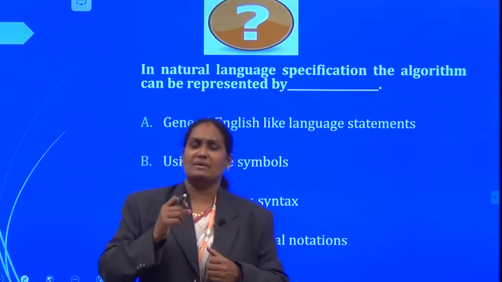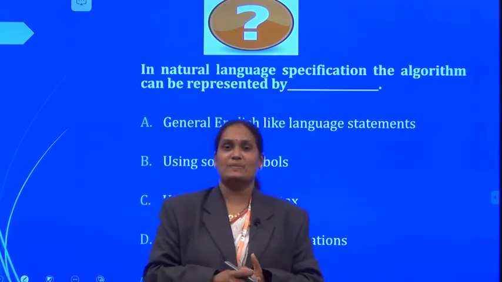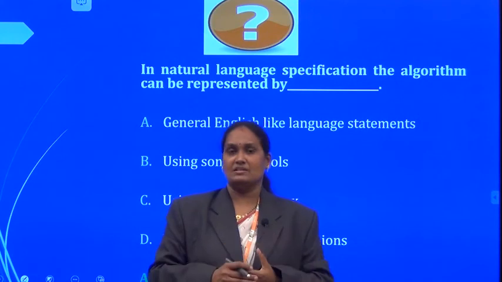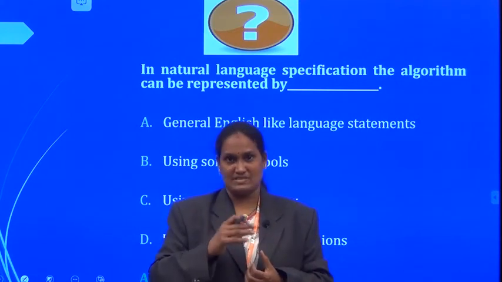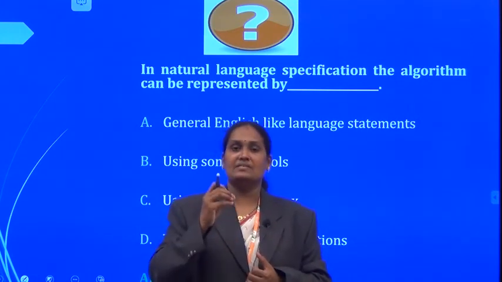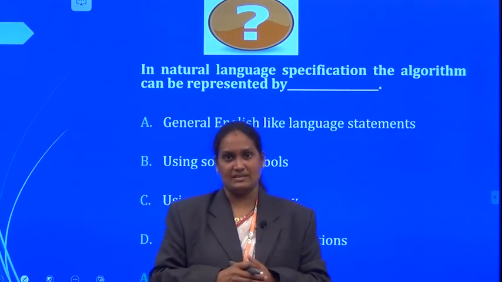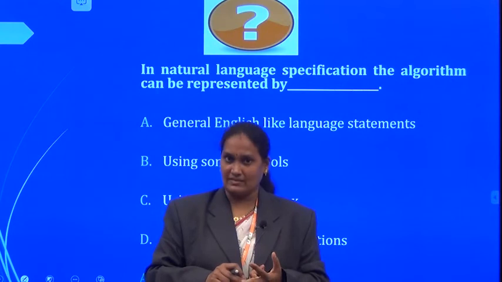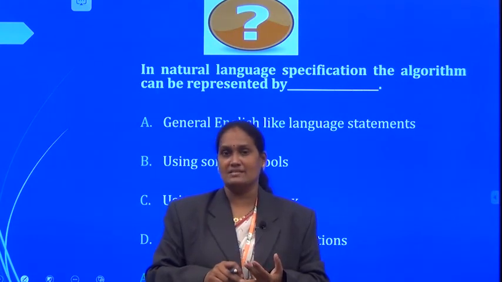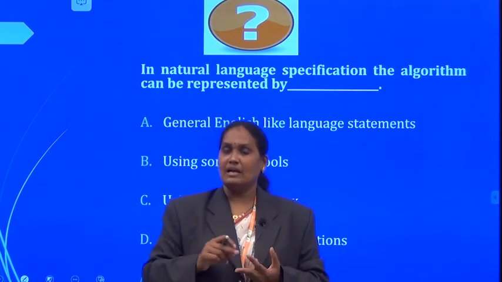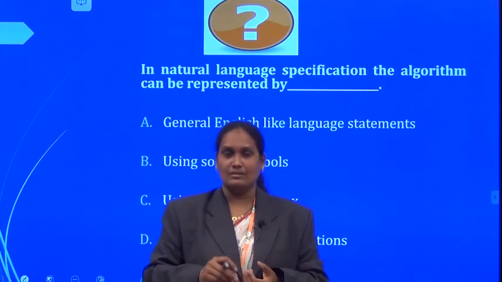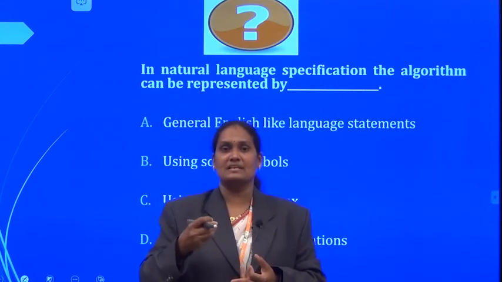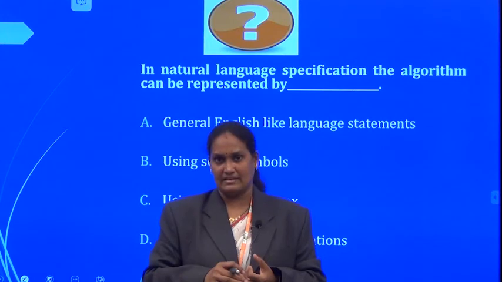Now I am going to summarize the concepts that we explained in this session. In this session we explained algorithm specification methods. Basically we have three algorithm specification methods: one is natural language specification, the second is graphical specification, and the third is pseudocode specification. Coming to natural language specification, all the statements are represented using general English-like sentences.